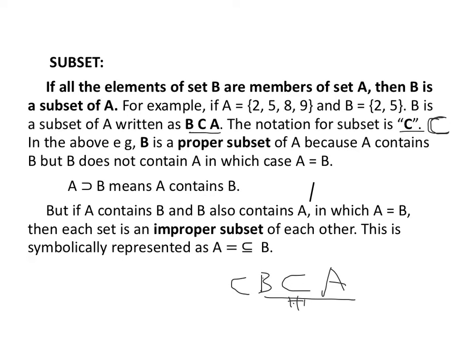This is because A contains B, but B does not contain A. In which case, A is not equal to B. We're supposed to have A not equal to B. So because A contains B, but B does not contain A, that is to say that A is not equal to B. So we say that B is a proper subset of A.